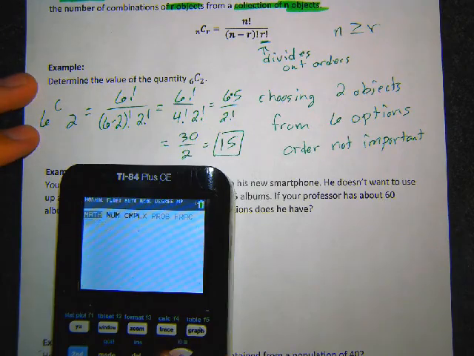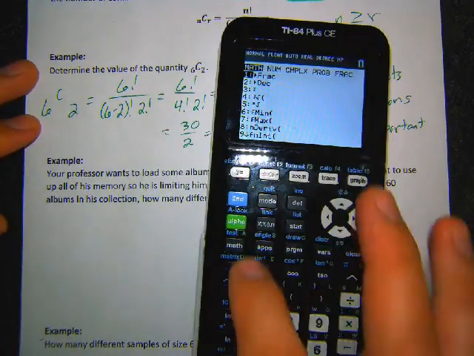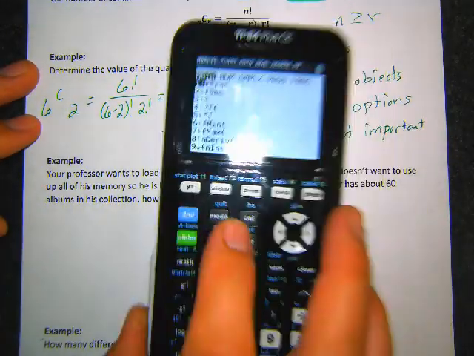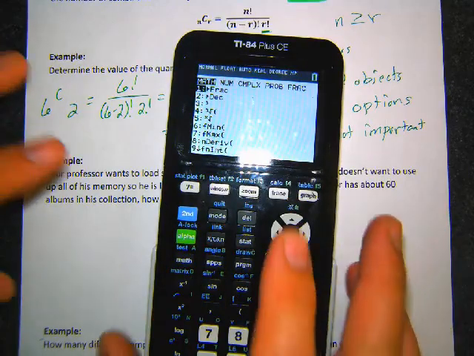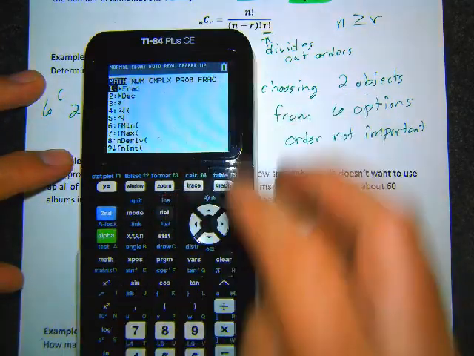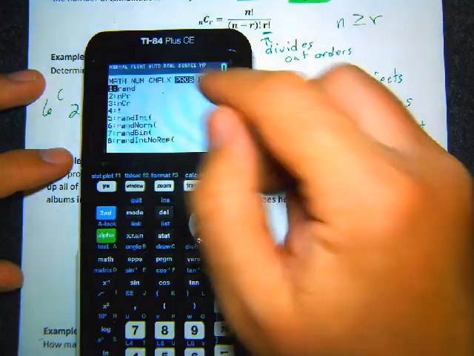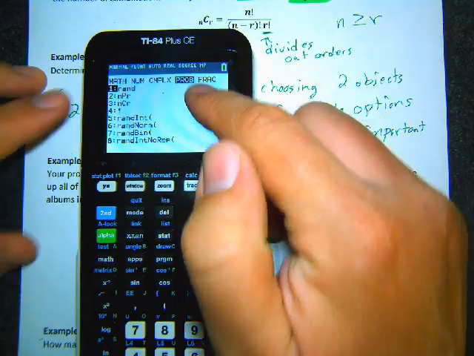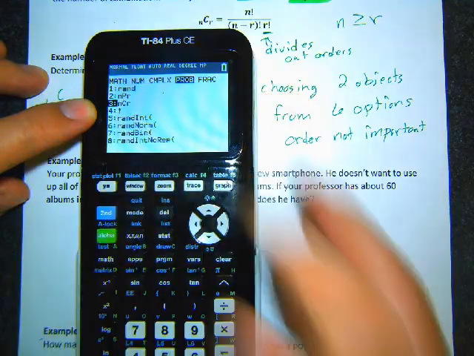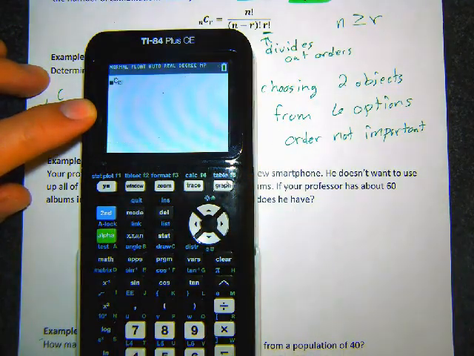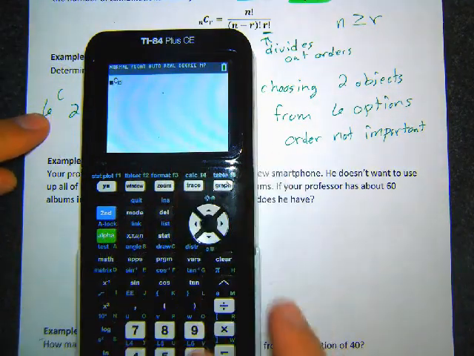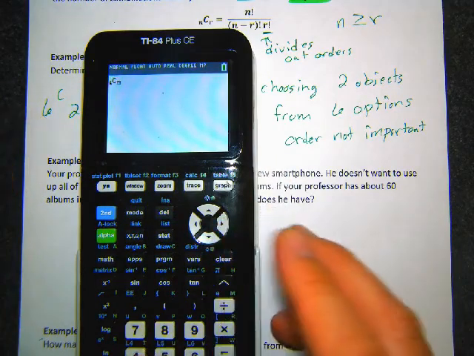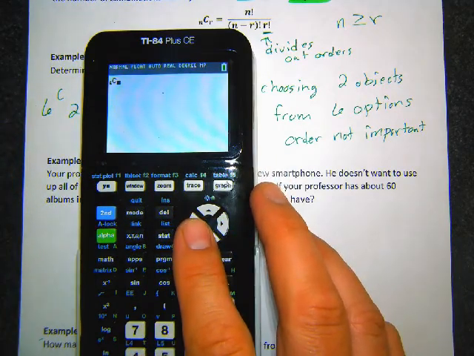So I go to that math button one more time. We use this math button a lot in this class for these probabilities, because that's option number 4 over here, probabilities. And you can see the third option down is your combinations. So there you go, you can do nCr. Mine's letting me type in the 6 first; yours might require you to type the 6 first before you hit the combination.